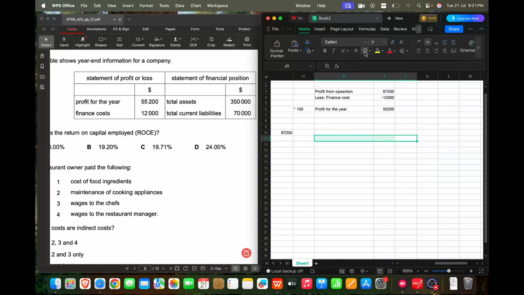If we are making a statement of financial position, under our assets we have non-current assets, then we have current assets, and then we have the total. Here it says that the total of current assets and non-current assets is 350,000. Then we have equity and liability.